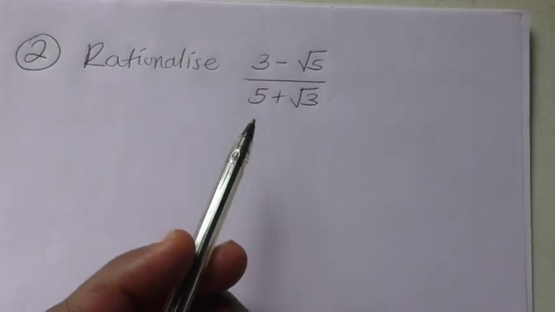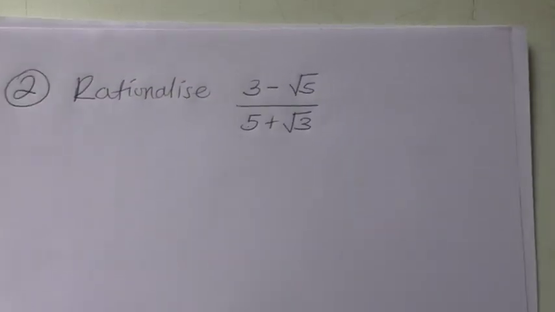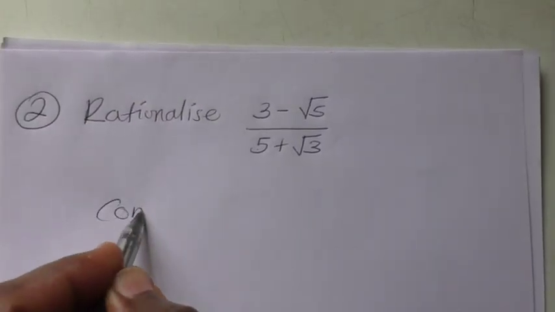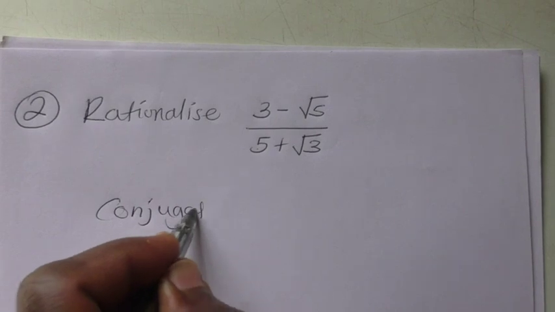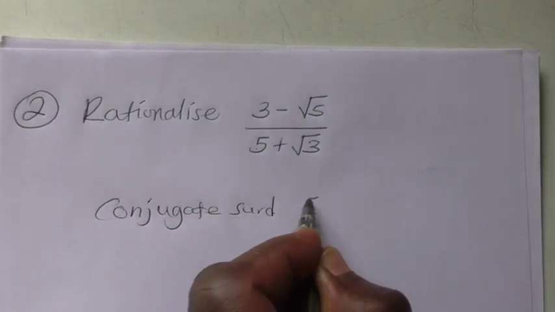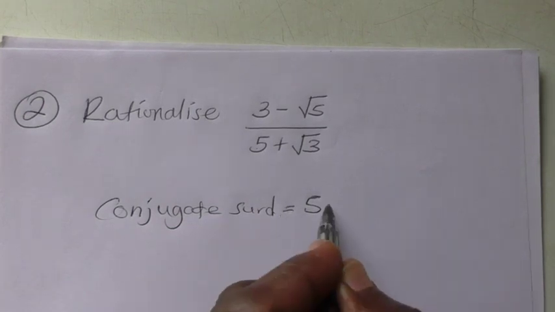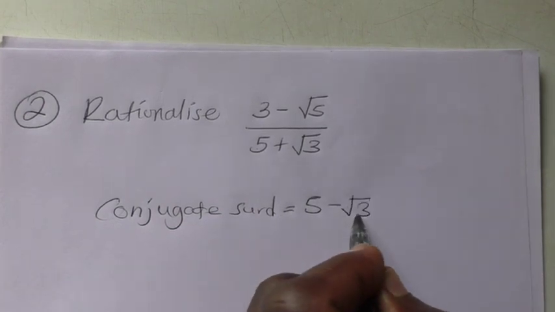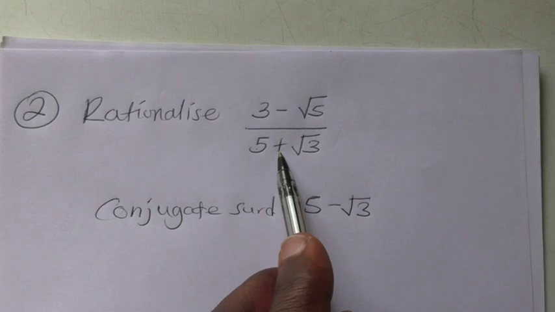So let us continue. We shall come up with the conjugate. The conjugate is 5 minus root 3. We just change the plus sign to a minus in our denominator.